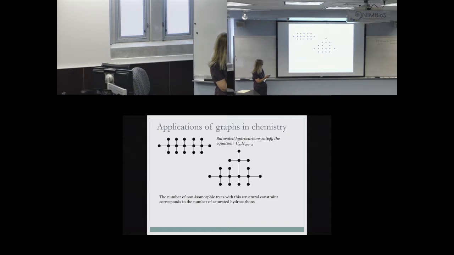For every m carbons, you have 2m plus 2 hydrogens. And so the ones here of degree 4, those are the 5 carbons, and then you have the 12 hydrogens. So these represent, since we know they're not isomorphic, two distinct molecules.